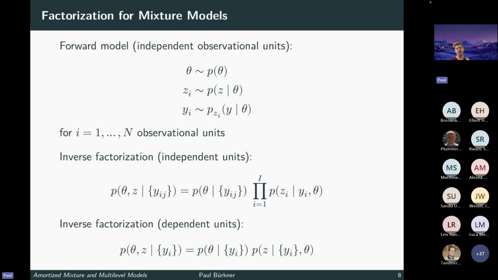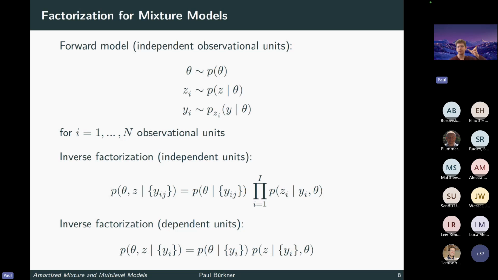So what we have gained from that is that when we are computing the posterior distribution of our mixture indices Zi, we no longer have to condition on all data. That was the case if we were using the unfactorized version, but now we only have to use the data of that specific group and the hyperparameters. It's a different factorization than what I showed at the start.